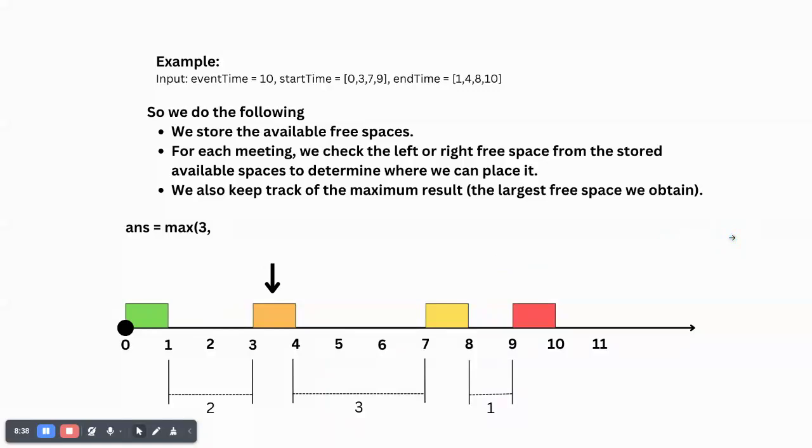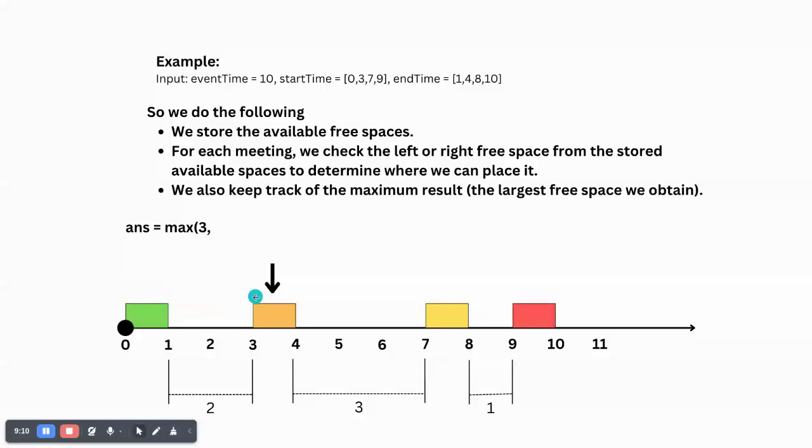We can do those 2 operations on this because we can place it here. But how are we going to know where we should place this? Either we can place it or not, right? But how are we going to know that? So we're going to check every free space we have to the left and every free space we have to the right, and we're going to pick a maximum of them.